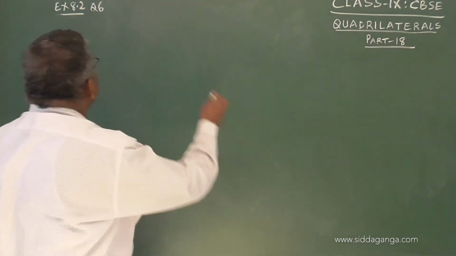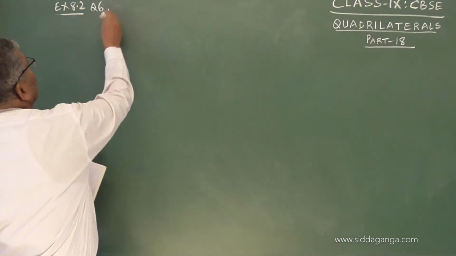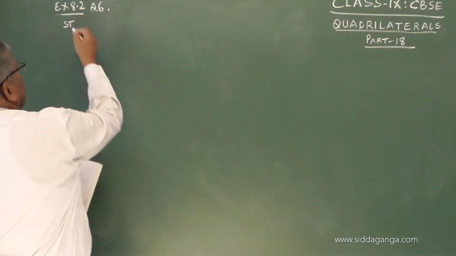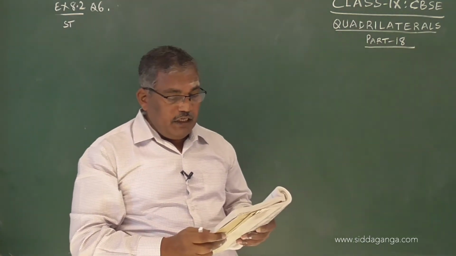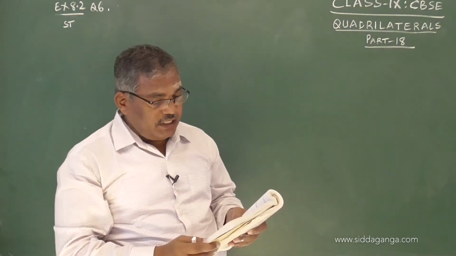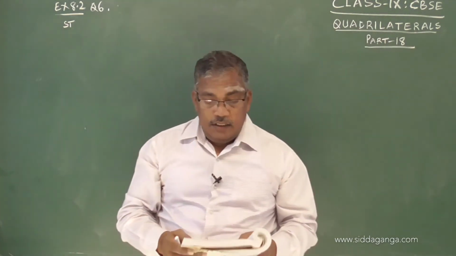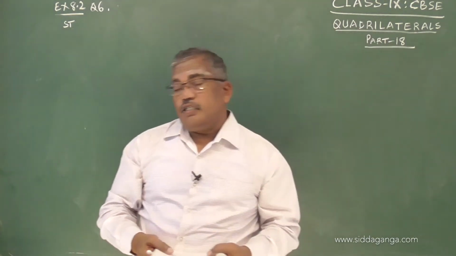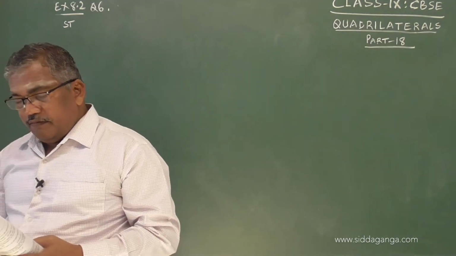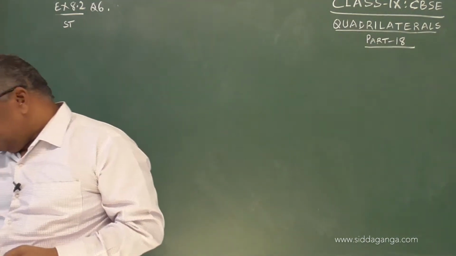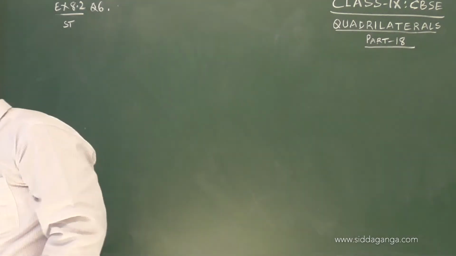Show that the line segments joining midpoints of the opposite sides of a quadrilateral bisect each other.